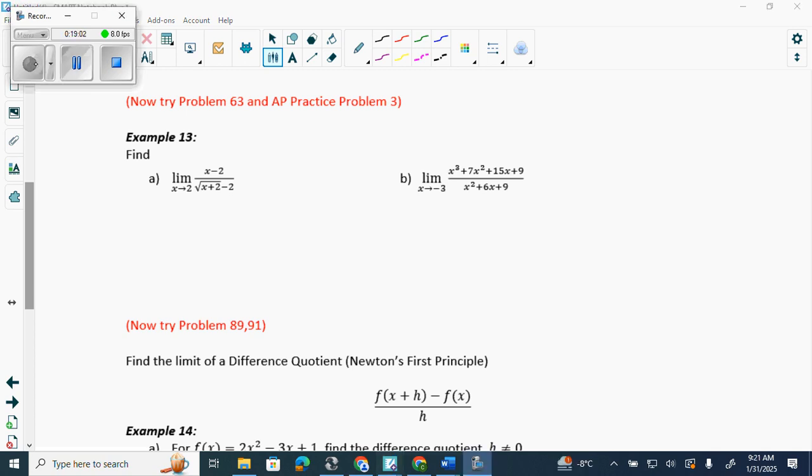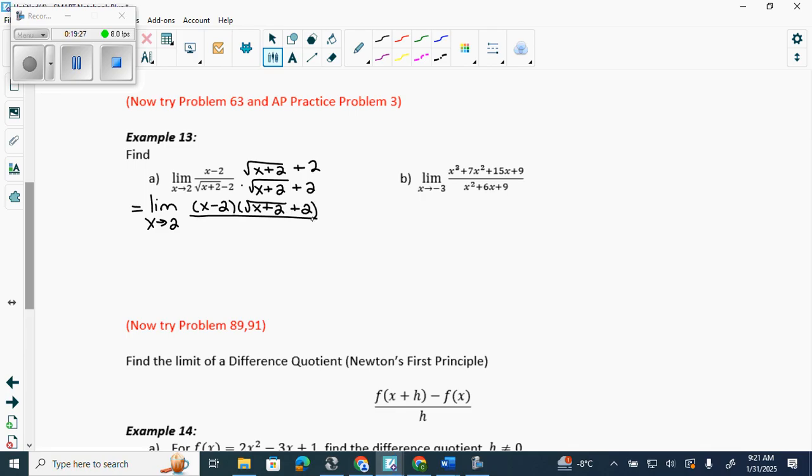So this one, we multiply by root x plus 2 plus 2. Root x plus 2 plus 2. The top we leave the same because we are going to need to cancel off an x minus 2 in the bottom. We don't distribute the ones that aren't conjugates.